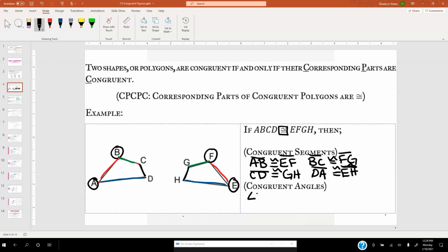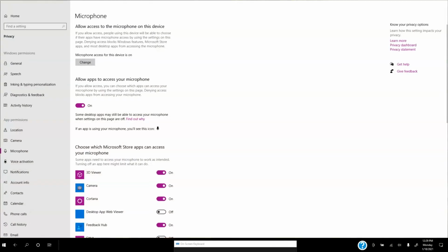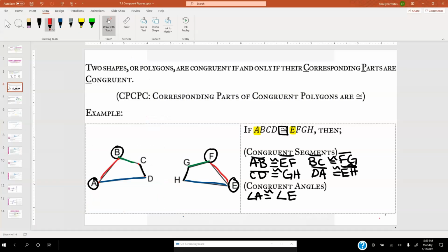Alright? So then congruent angles work the same way. We can say that angle A is congruent to angle E. Notice they're in the same spot in the congruency sentence. We can also say that angle B is congruent to angle F, which again you can see in the congruency statement. So these are corresponding parts.